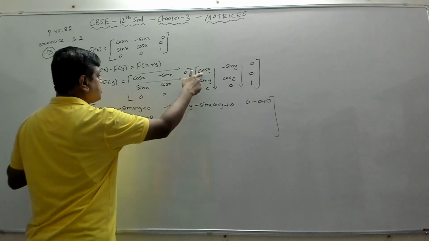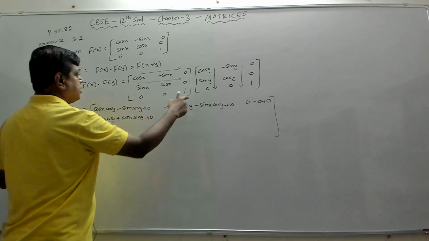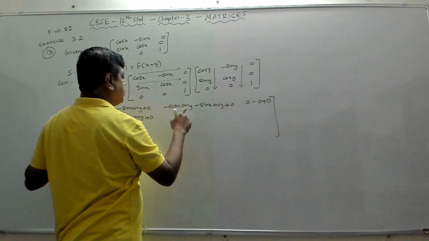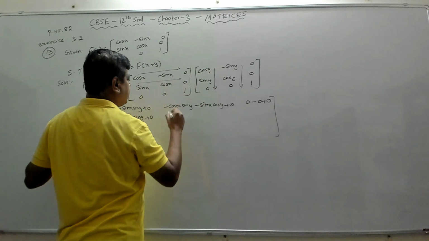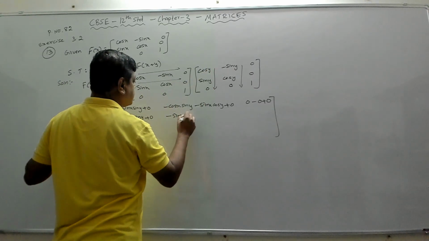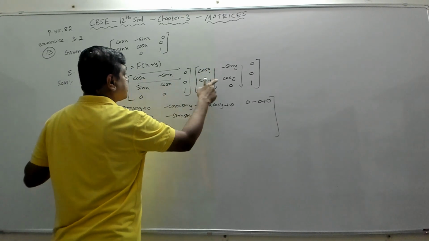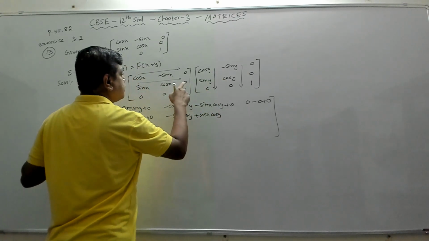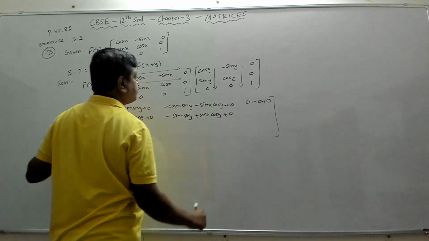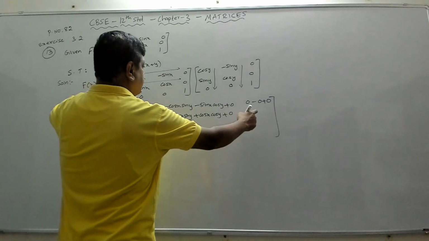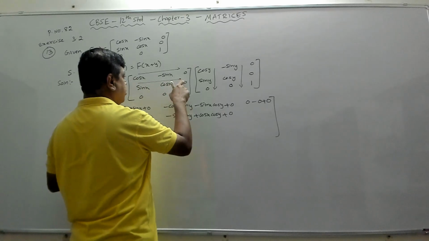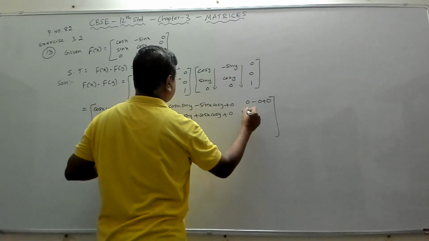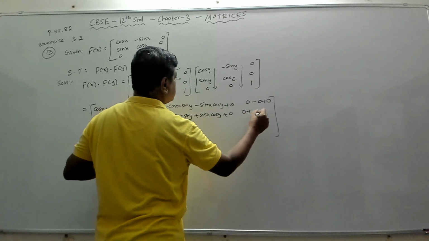Now the second row with the second column: sin x into minus sin y is minus sin x sin y, cos x into cos y is plus cos x cos y, 0 into 0 is 0. Then the second row with the third column: sin x into 0 is 0, cos x into 0 is 0, 0 into 1 is 0.